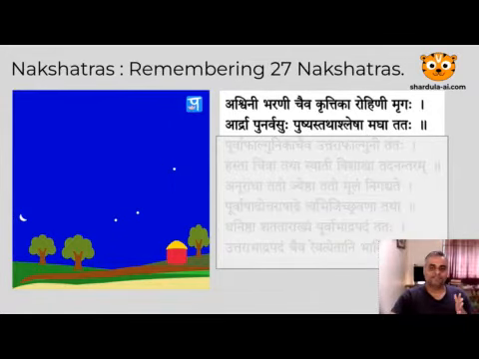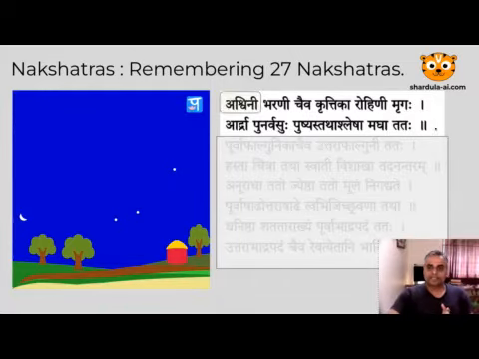Specifically, the first shloka sounds like this: Ashwini Bharani Chaiva Kritika Rohini Mrigah Aridra Punarvasu Pushyah Tatha Shleshama Ghatatah. To start with, you can look at only the first line: Ashwini Bharani Chaiva Kritika Rohini Mrigah.